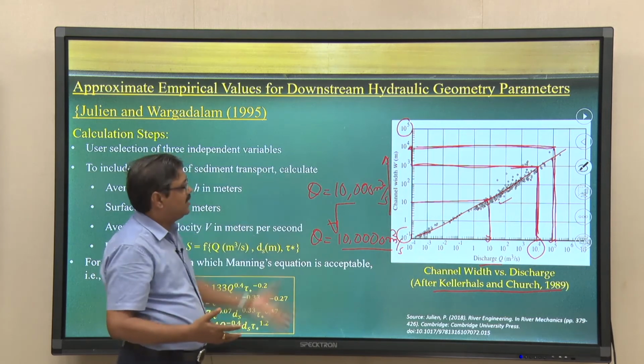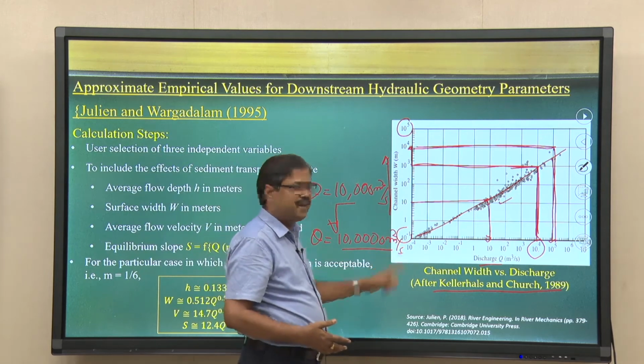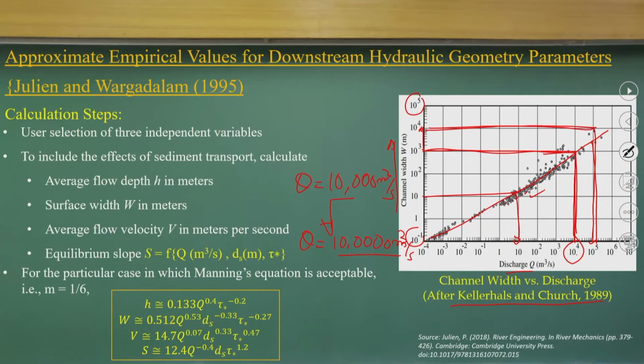As we interpret this data, discharge versus channel width, the width varies from centimeters up to 10 kilometers; 100 kilometers is not possible. The maximum range is 10 kilometers, or less than that, and you have a discharge of 10 to the power 5 meter cube per second, 1 lakh meter cube per second.